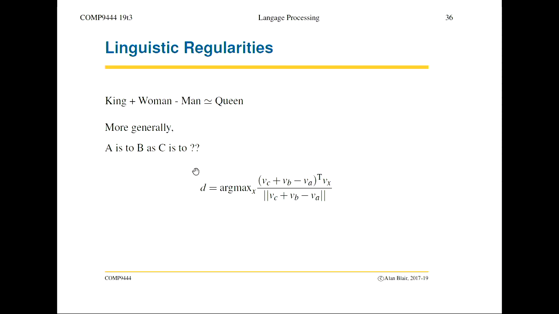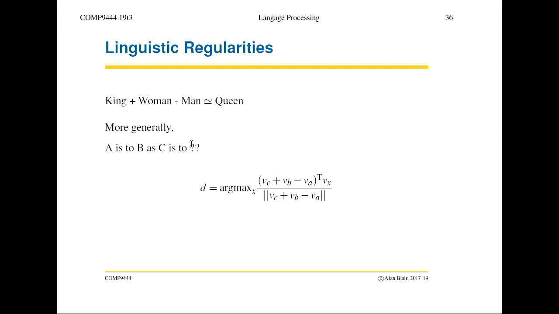So this gives us a way of answering another type of IQ test question, which is of the form "A is to B as C is to what?" This could be phrased as "king is to man as queen is to what," or "man is to woman as king is to what."